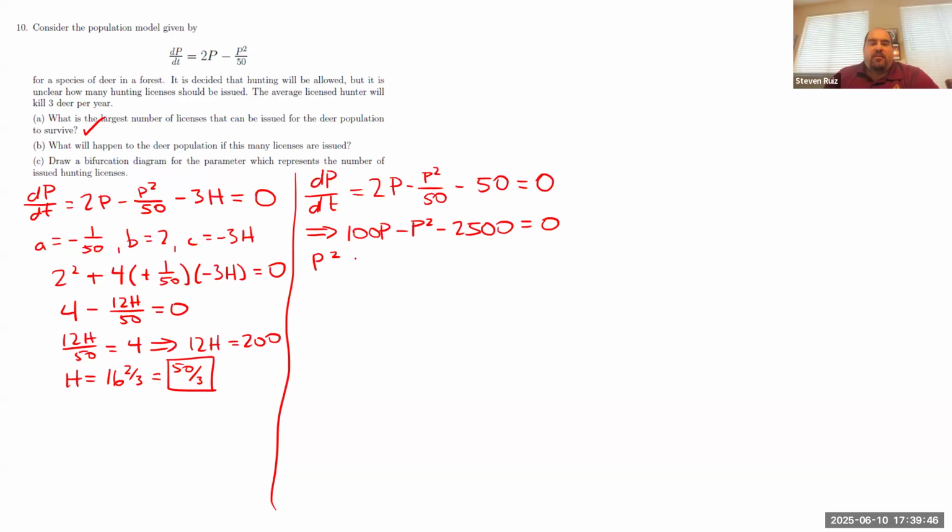So p squared minus 100p plus 2500 equals 0. And this factors as a perfect square actually, p minus 50 squared equals 0. So p equals 50. So I essentially have found an equilibrium population for my deer, and it's the only equilibrium population there is.